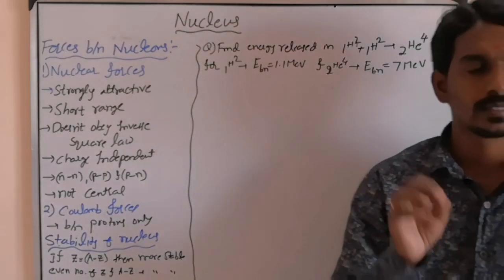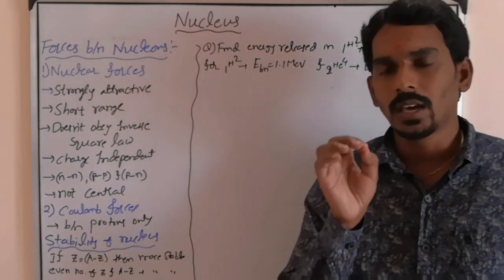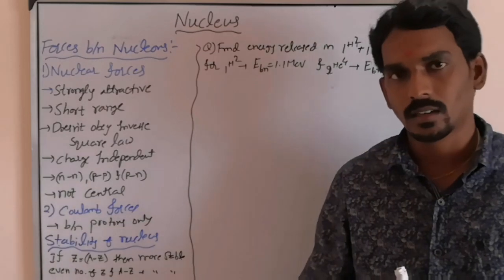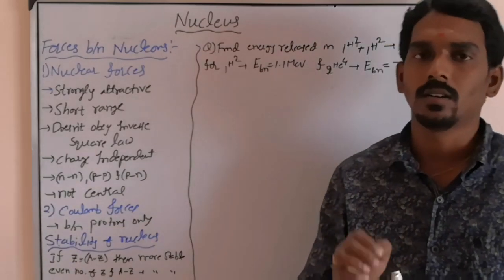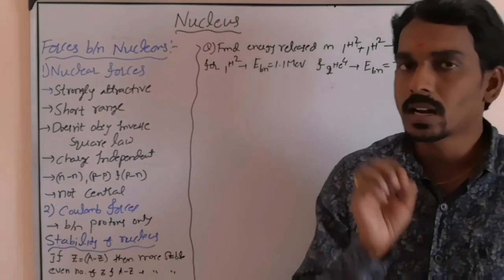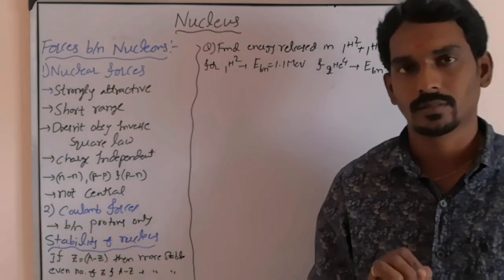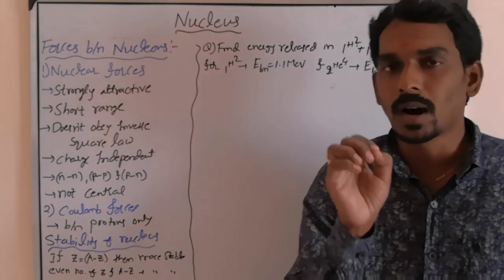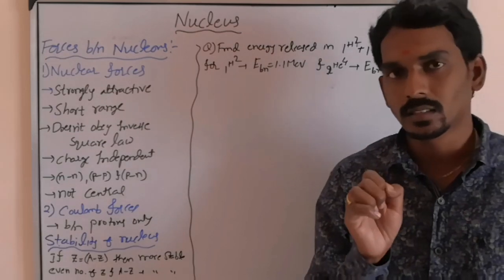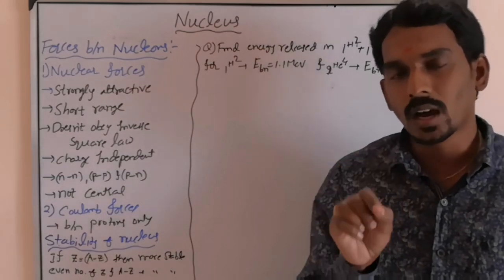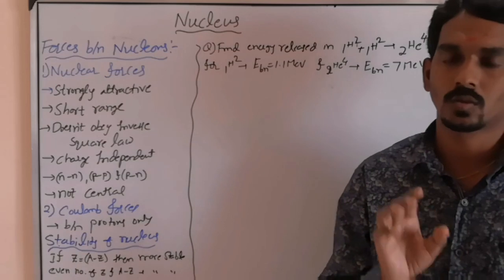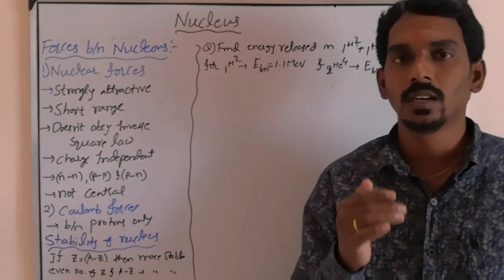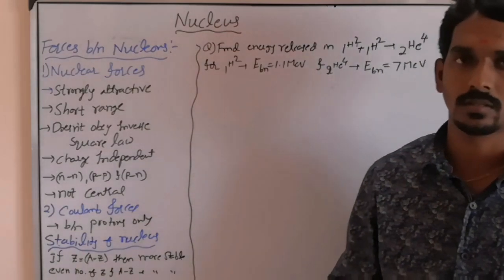ZXA, where Z is the atomic number, which is nothing but the number of protons, and A is the mass number, that is the number of protons plus neutrons, so A minus Z becomes the number of neutrons.